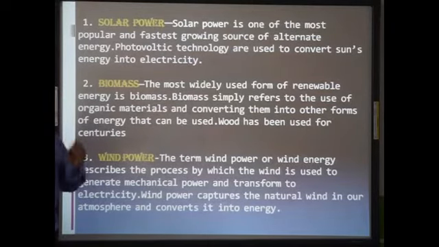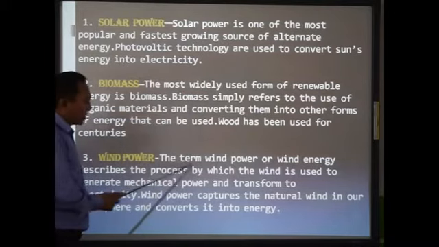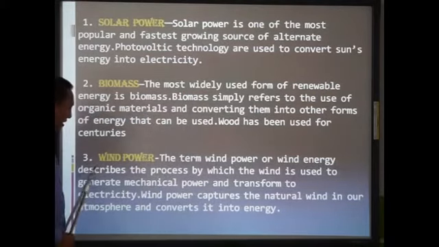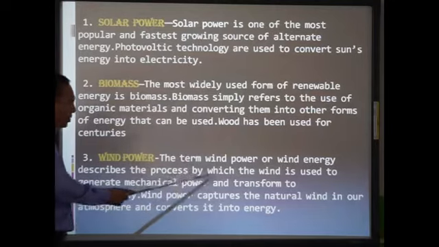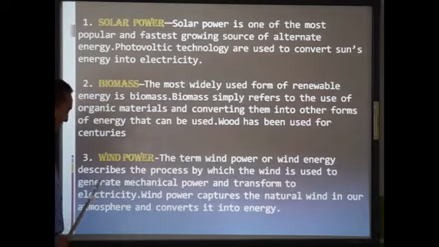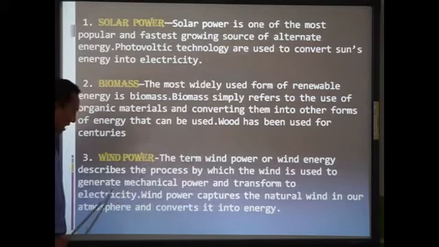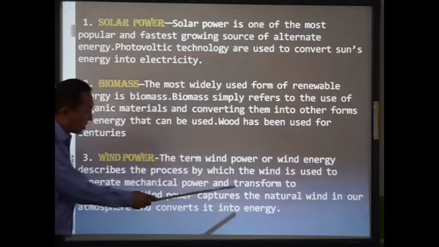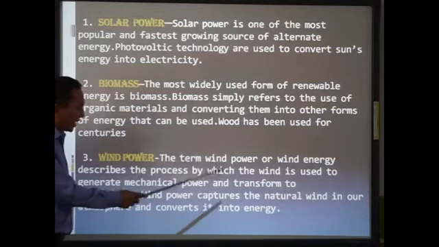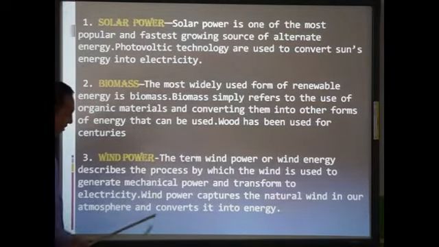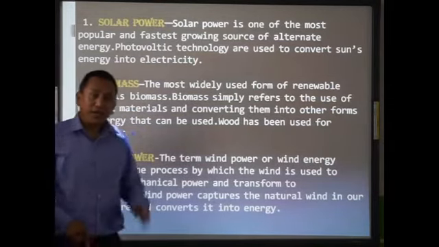This wind power is also very, very important. The term wind power or wind energy describes the process by which the wind is used to generate mechanical power and transform it to electricity. Wind power captures the natural wind in our atmosphere and converts it into energy.